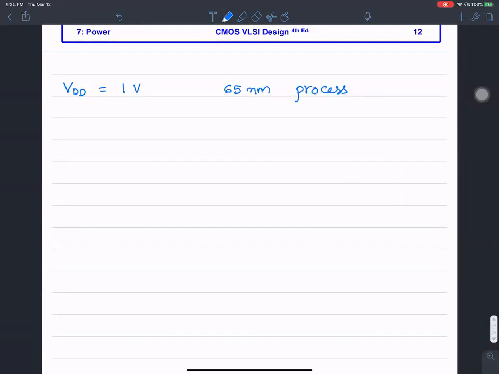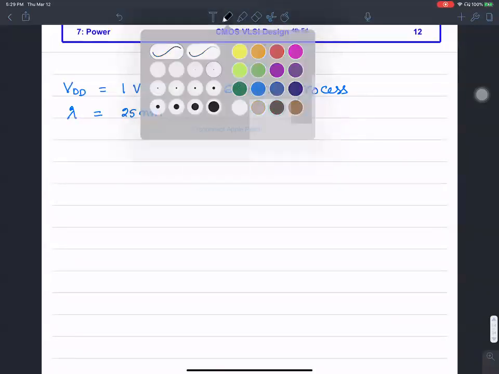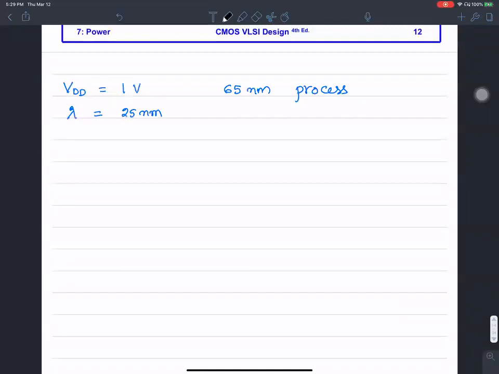And then lambda, a term that we are not familiar with so far, is given to be 25 nanometers. Let me talk about lambda here. It's a very popular scaling parameter for layout purposes.